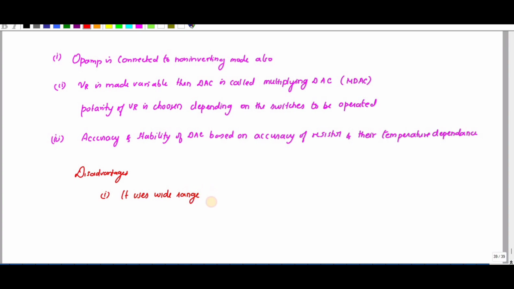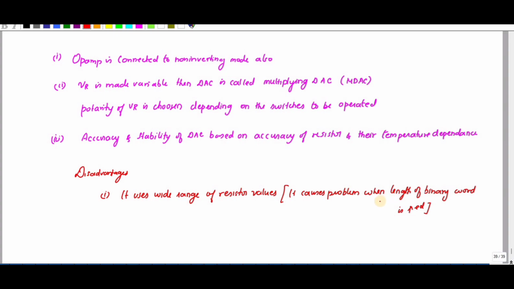Okay, so let us discuss the disadvantage. So that is what I have already told you. It uses a wide range of resistors, right? So if it is in terms of megahertz, it should be difficult to process. Why we are going for megahertz is because it is based on the length of the binary bits, right? That is n.